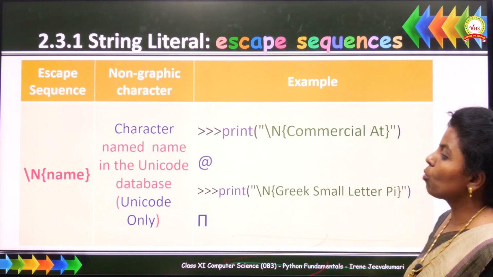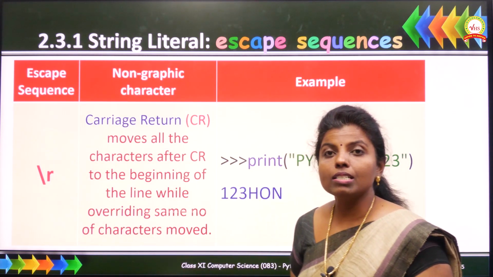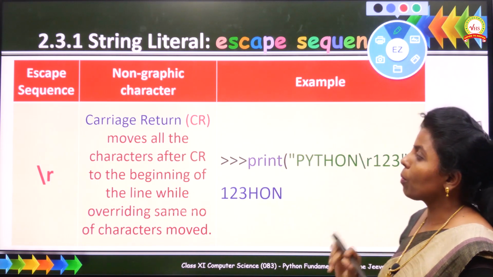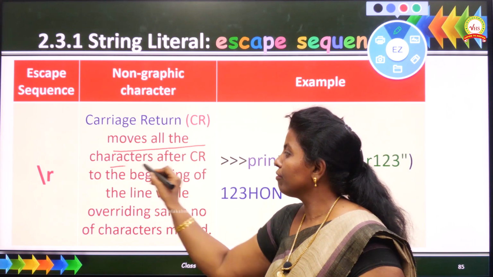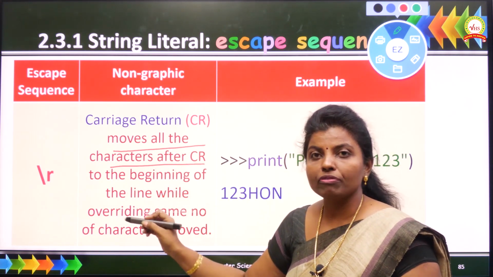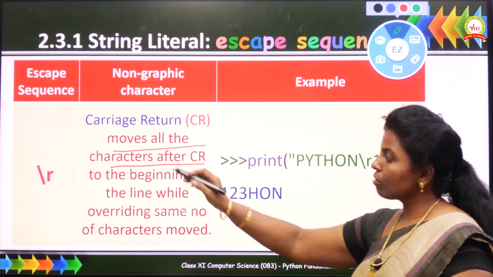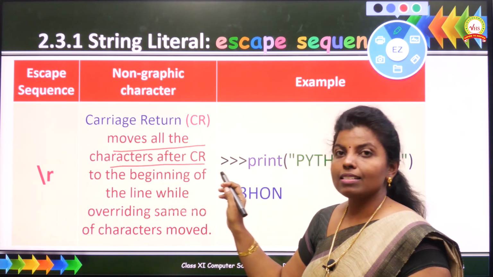So next let us move on to the next escape sequence, which is \r. This \r is meant for the carriage return. So what is the purpose of carriage return? We'll see. It moves all the characters after CR to the beginning of the line while overriding the same number of characters moved. Okay. So first let us see from this. It moves all the characters after CR.